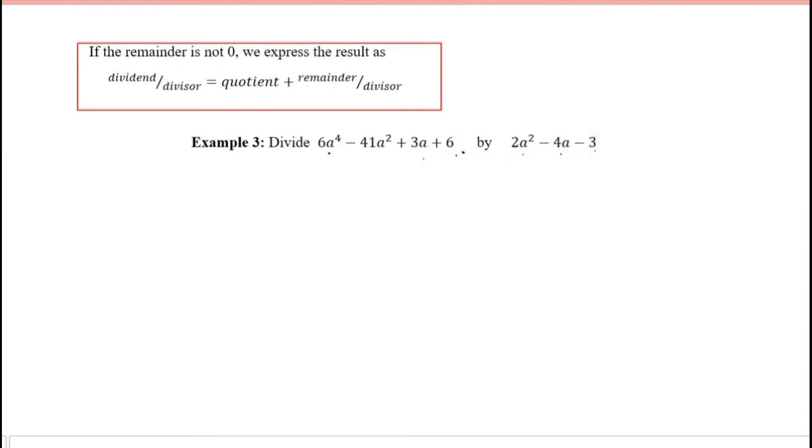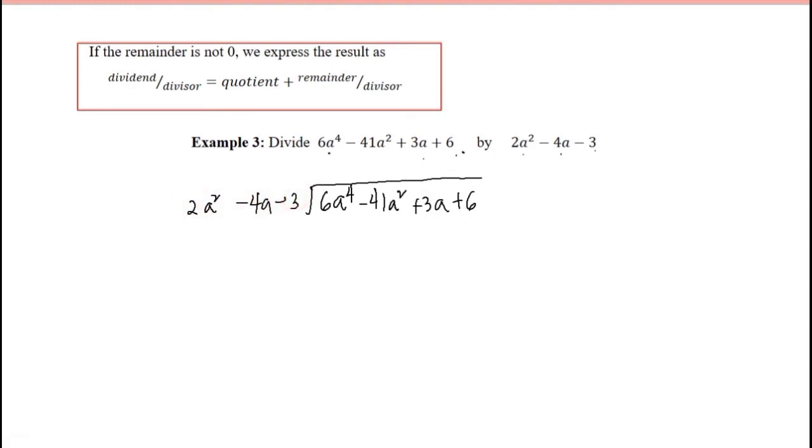So, we have here 6a to the 4th minus 41a squared plus 3a plus 6. And this is to be divided by 2a squared minus 4a minus 3.